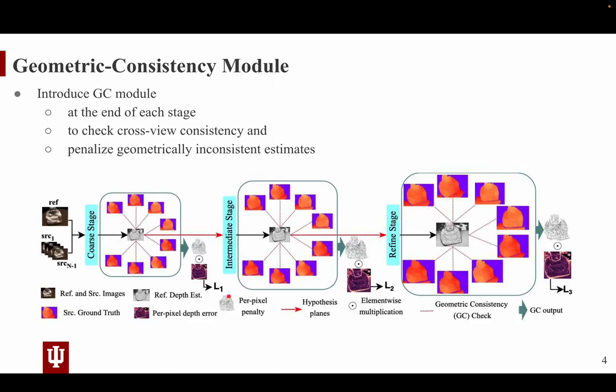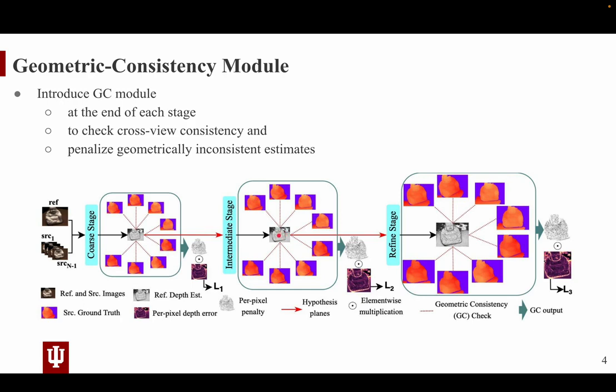Our model is a three-stage model: a coarse, intermediate, and refined stage. Each stage takes extracted features from the images as input and produces a depth map. This depth map acts as a new hypothesis plane for the next stage. The same depth maps are also penalized for geometrically inconsistent behavior at each stage. That is, at each stage, these depth maps are projected to the source views and then projected back.